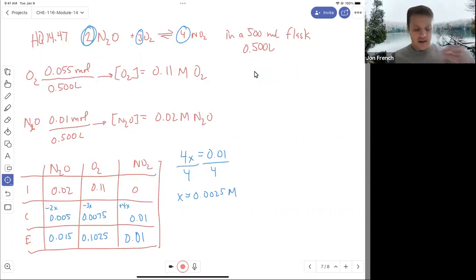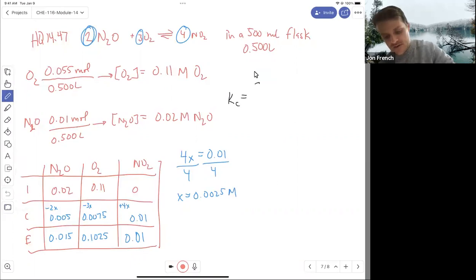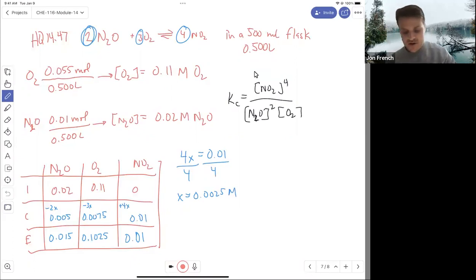Now that we know what X is, now that we know the equilibrium concentrations, we can find the equilibrium constant for this reaction. Right? Equilibrium constant would equal concentration nitrogen dioxide to the 4th all over nitrous oxide concentration squared times my concentration of oxygen cubed.